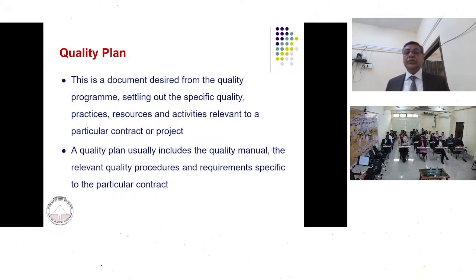The quality plan usually includes the quality manual, the relevant quality procedures and requirements specific to the particular contract. Means procedures and requirements; in requirements, it can be varied. We'll be coming to a case study, wherein these things will become clearer to you.